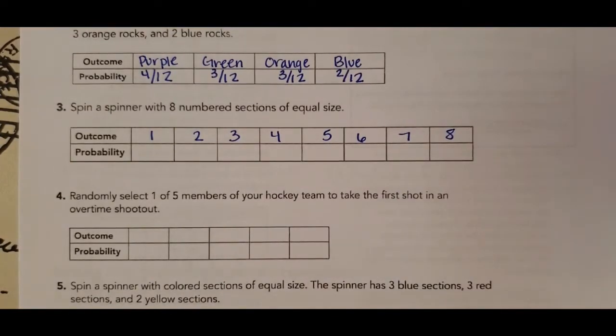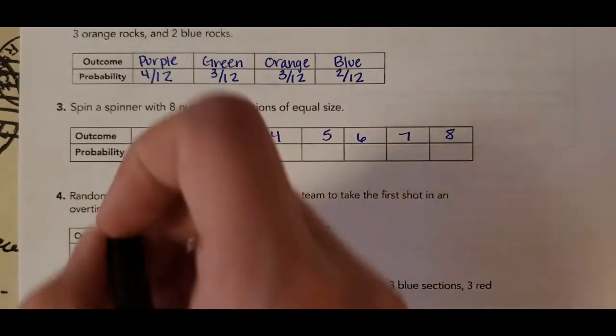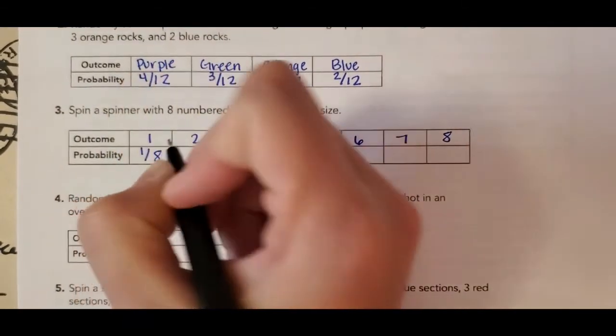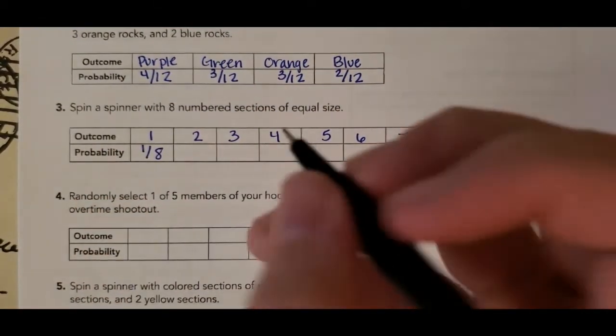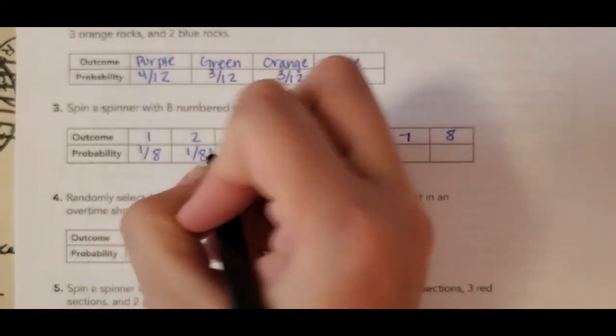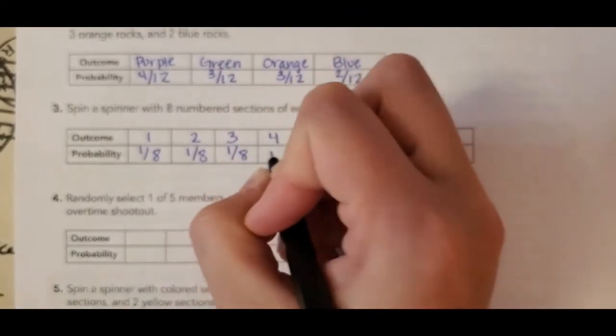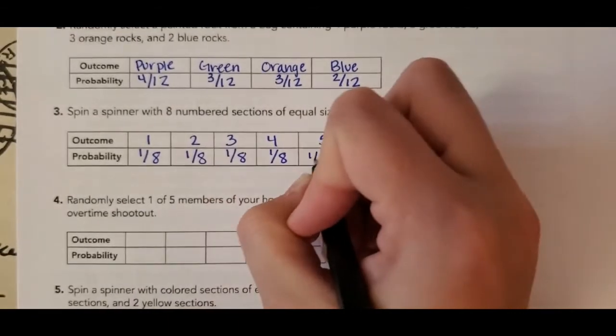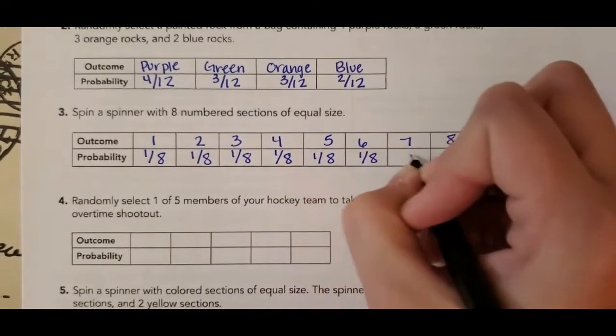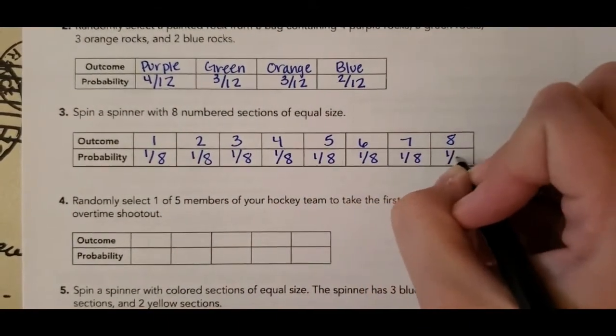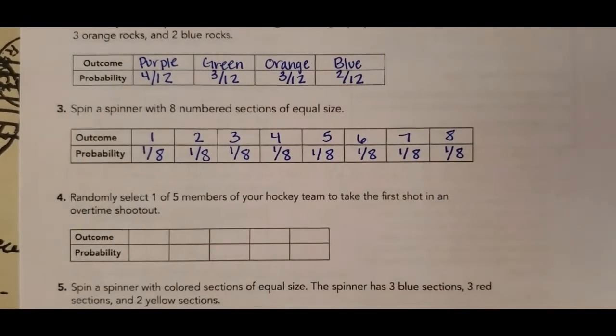There's only one section of 1 out of 8. So that's 1 out of 8. There's only one section of 2 out of 8. So that's 1 out of 8. So all of these are 1 out of 8. Because there's only one section of each out of the 8 total. And if you picture the spinner, you only have one chance to get that number out of the 8 total.